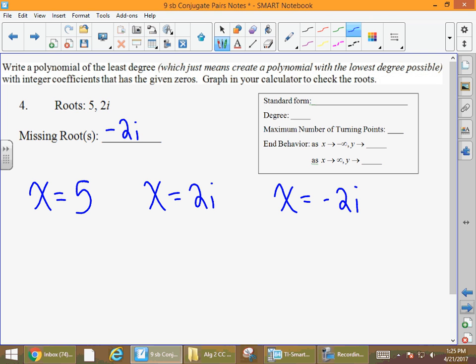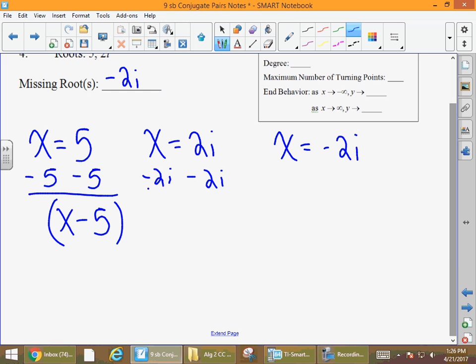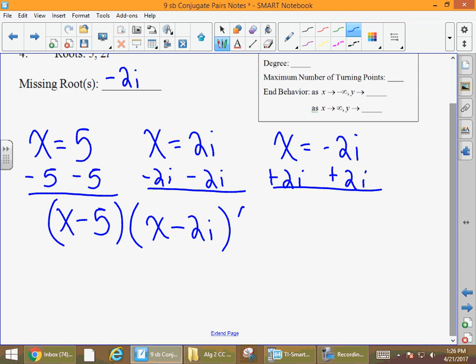So what we do then is we can subtract 5 from both sides, and we get x minus 5. We can do the same thing with 2i. We can subtract 2i from both sides, and we get x minus 2i. And then we have x equals negative 2i, so we can add 2i, and we get x plus 2i.